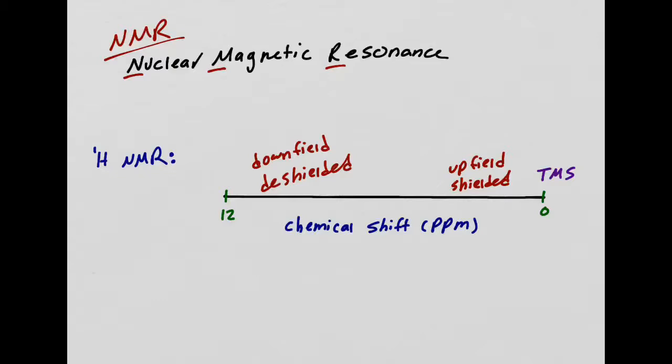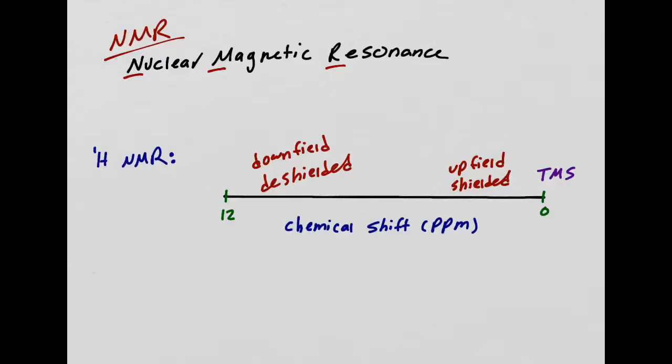Now, we're going to go over these chemical shifts and how we have characteristic chemical shifts. Before I go over that, I want to remind you one more time that when we have an NMR, for each set of unique protons, we are going to have a signal.